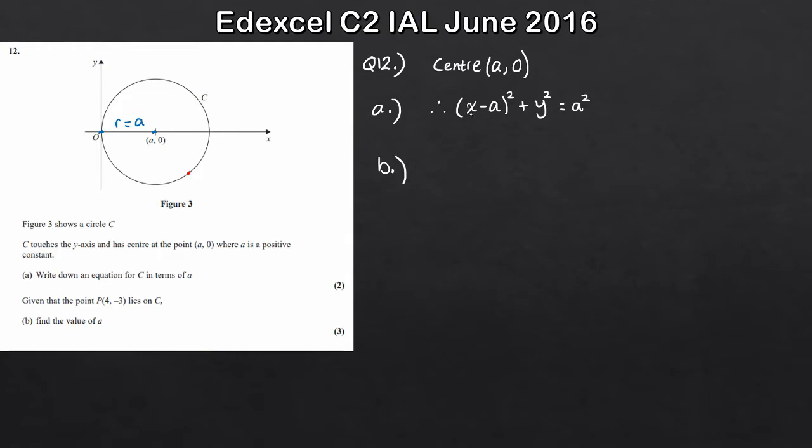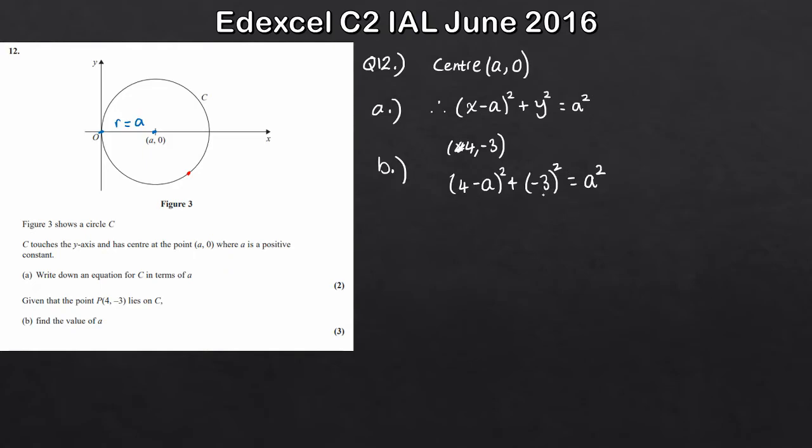So this is going to be 4 minus a, because x is 4, all squared, plus y squared, where y is minus 3, is equal to a squared, which we don't know just yet.